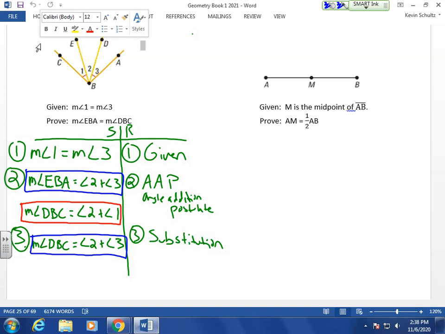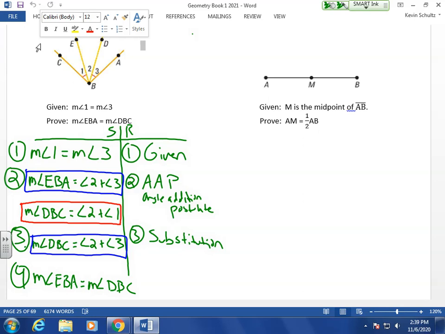See where I'm going with this? Yeah. Tell me. Julia? Is the measure of DBC equal to the measure of EBA? We can go straight there. Yeah. Step 4. Look, I actually fit the proof in the spot provided. We can say that the measure of angle EBA is equal to the measure of angle DBC.